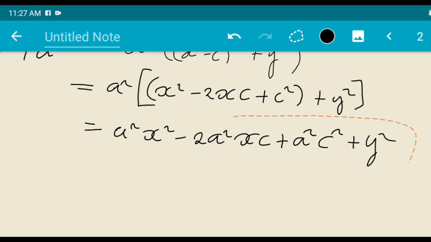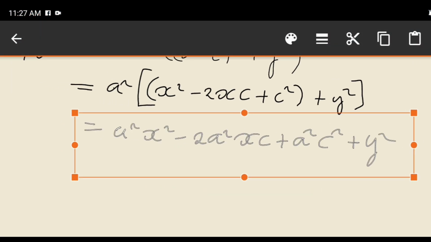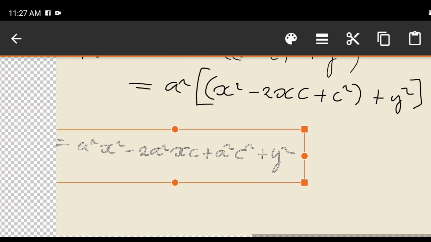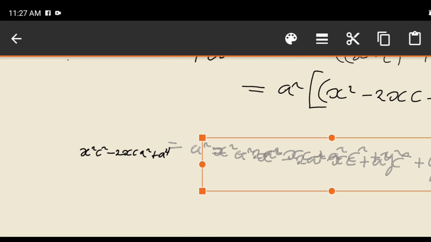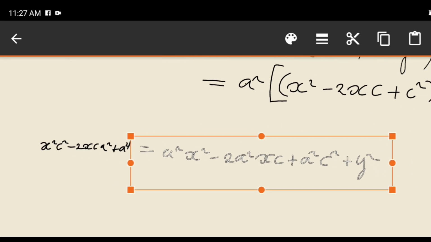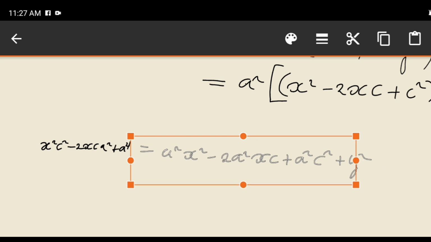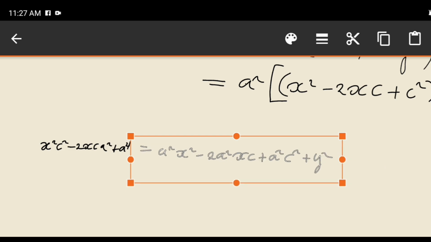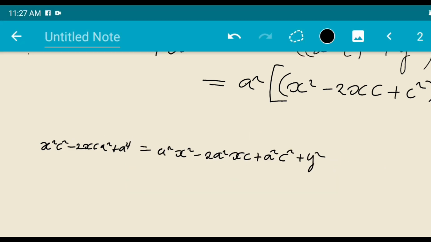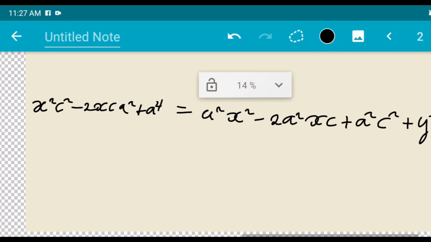Let's minimize this as well because I'm failing to zoom out. Let's take it somewhere here. So yeah, this here is what we have.